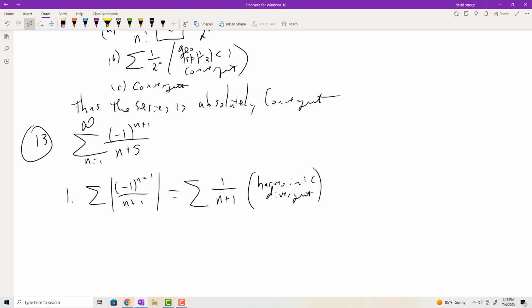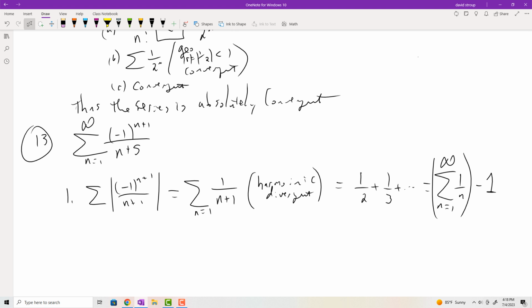If you were to expand that from n equals 1 to infinity, you're going to get 1 over 2 plus 1 over 3 plus dot dot dot, which equals the sum from n equals 1 to infinity of 1 over n, minus 1. You're just subtracting away that first term.